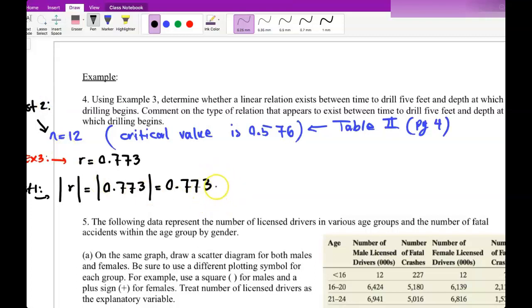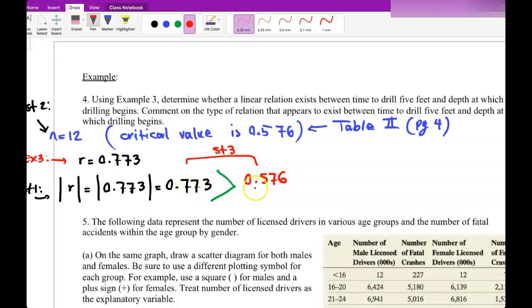And step 3, we should compare this with the critical value. Is this one greater than the critical value? So this part is step 3. This number is greater than the critical value.